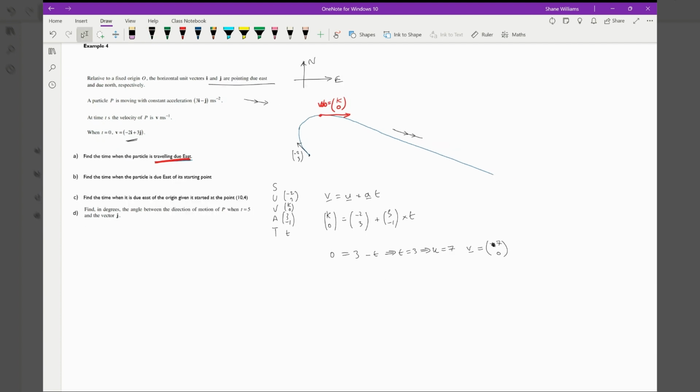Okay, so that's if it's anything to do with find the time when it's traveling east, moving east. That's all to do with velocity having a 0 y component. Find the time the particle is due east of its starting point. So on my diagram, due east of its starting point would be here. So that means its displacement at that point is (something, 0).